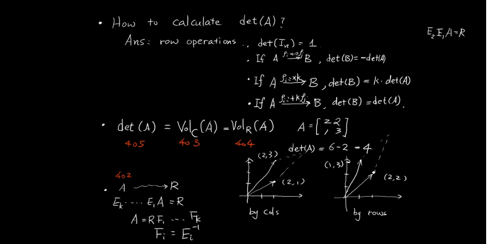So say we have an equality like this, and what we can do is multiply by E2 inverse on both sides. Oh, on both sides, right? So you multiply the same thing on the left-hand side.